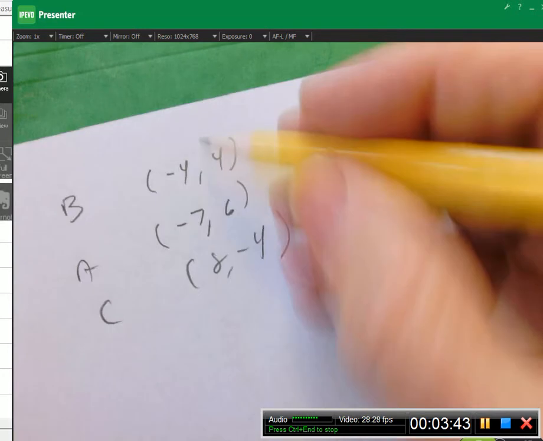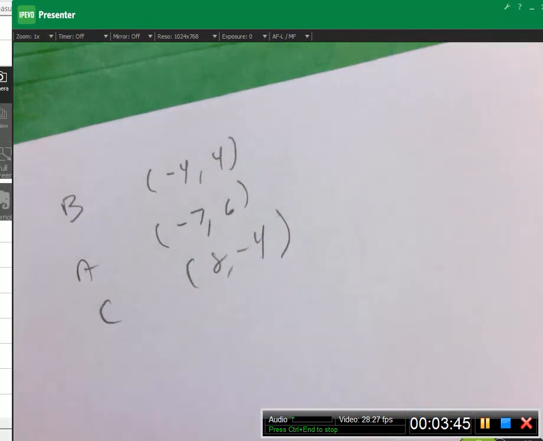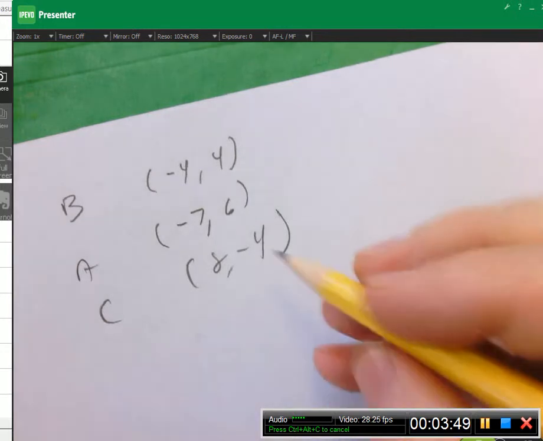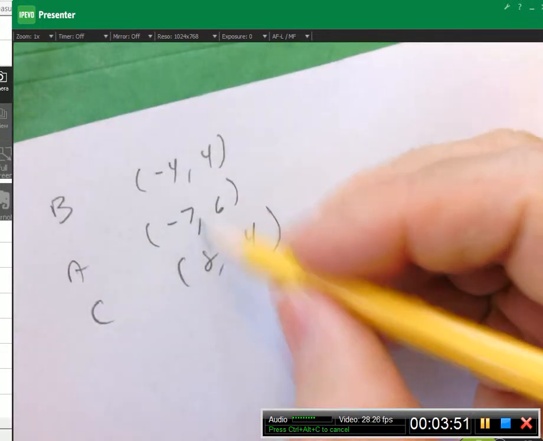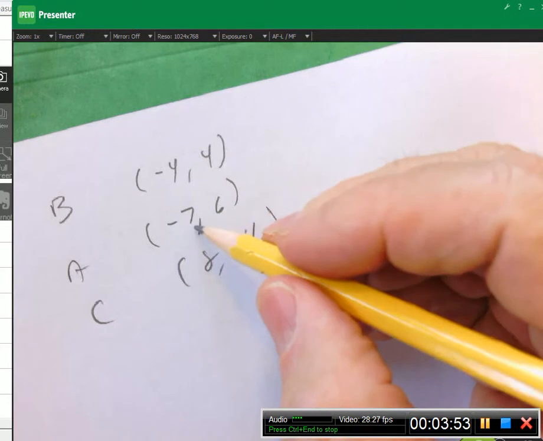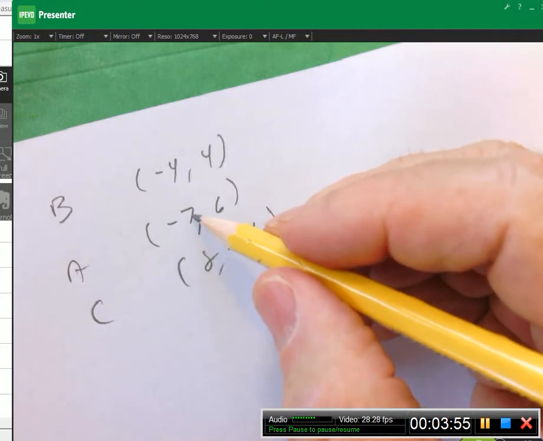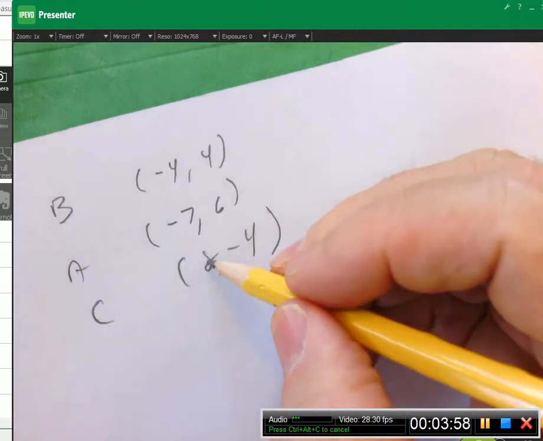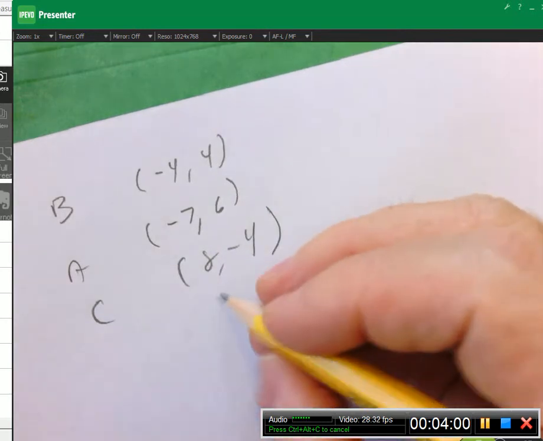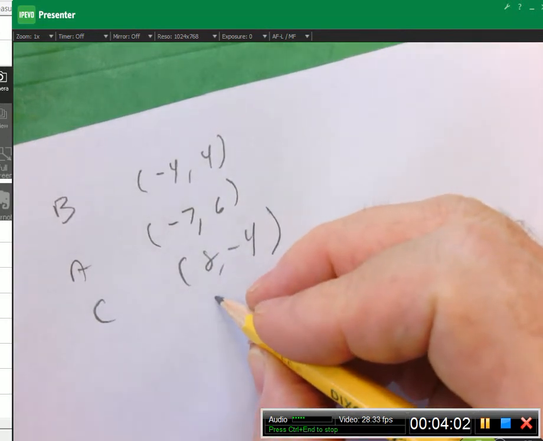If I average the x coordinates, so I'm going to add -4 plus -7 plus 8. So that's -4 plus -7 is -11, plus 8 will be -3.